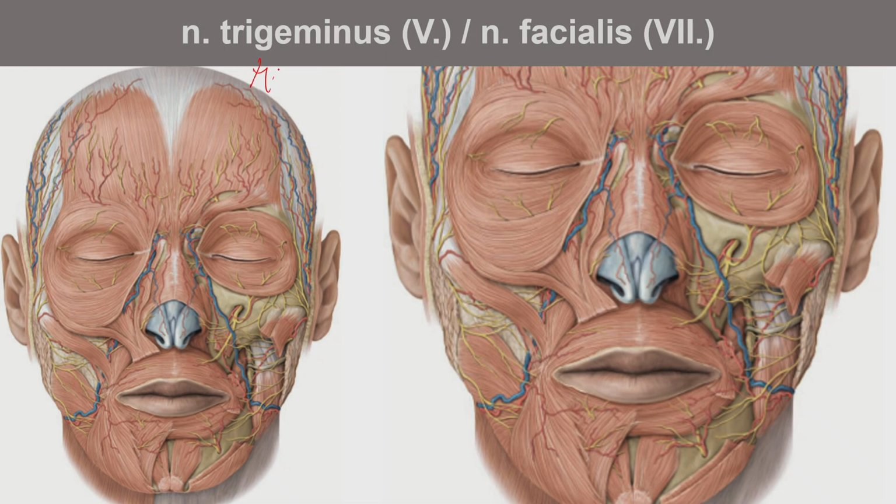Trigeminus, they are mastication or masticators, and those are mimic muscles. This is on the face and on the head. So all masticators are innervated by trigeminus. The other thing is sensation from the skin, the sensoric.